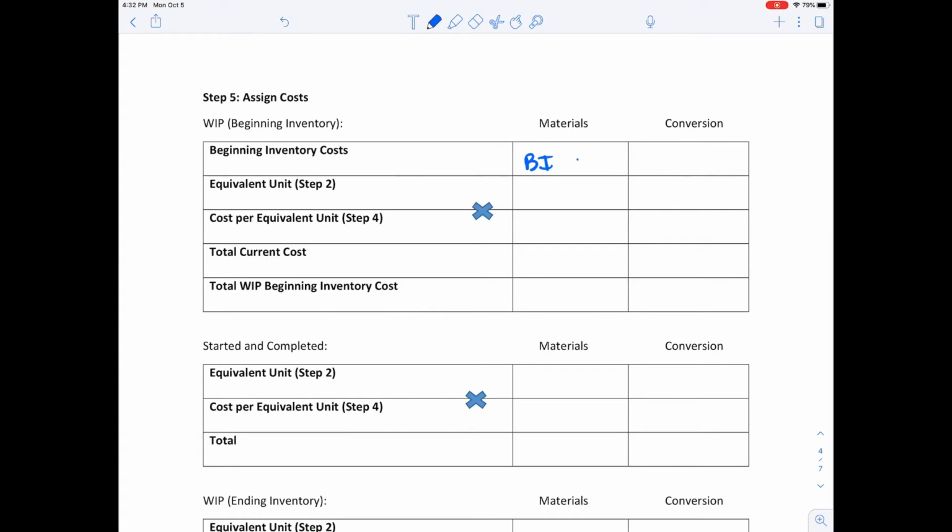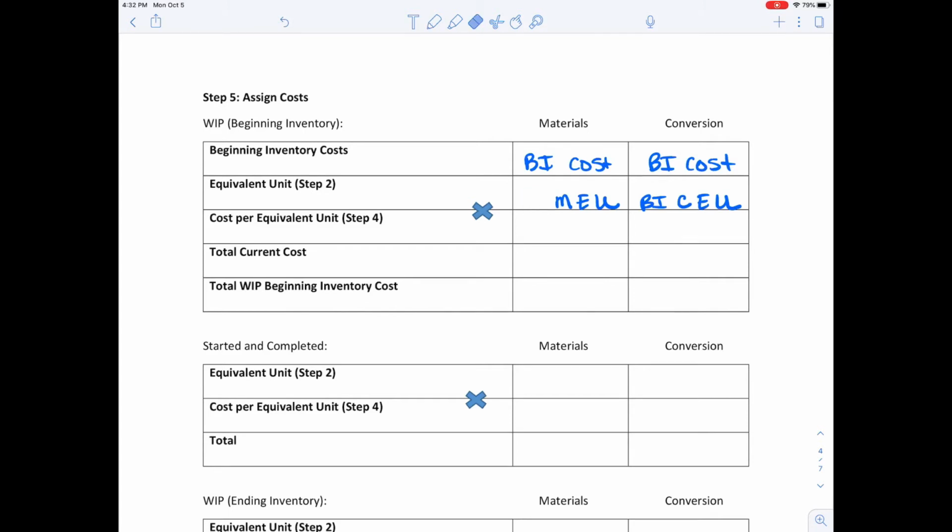So we'll bring in those beginning inventory costs. But now we're going to see what other costs were added just from this process. So we'll take that beginning inventory materials equivalent unit piece and our beginning inventory conversion equivalent unit piece.